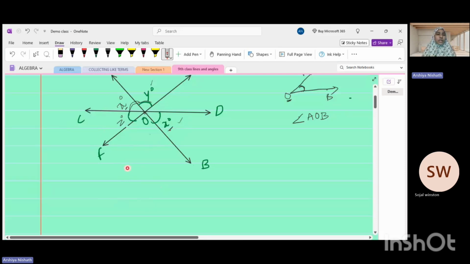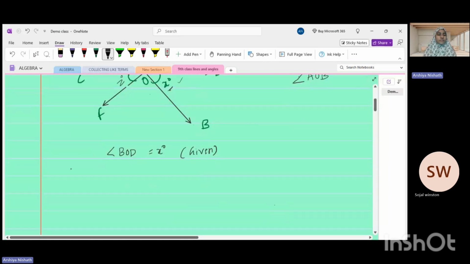Okay, so let us write what we have understood. We understood that angle BOD is nothing but X. It is given to us. But what is the relation with angle AOC? See here, angle AOC is equal to angle BOD. Why am I telling that?